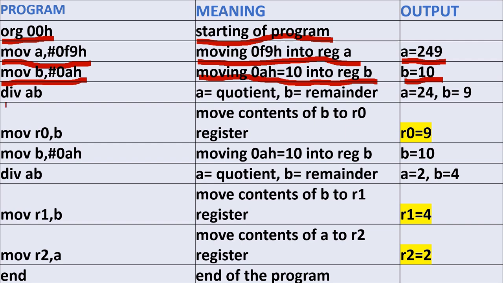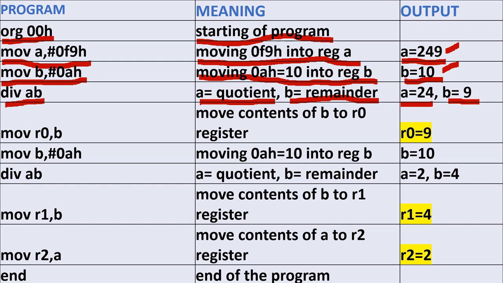Now the next instruction is DIV AB, which means we are dividing the A register by B. DIV is the division instruction, and after execution of this instruction, the quotient will go to register A and the remainder will go to register B. When I divide the number 249 by 10, I will get as a quotient 24 and the remainder will be 9.